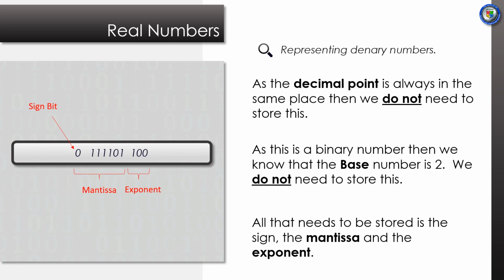Luckily for us, we don't have to carry this process out every time. Usually at higher level, we are given a binary number to work with. Let's move on and look at some basic rules. As the decimal point is always deemed to be in the same place, which is before the most significant bit of the binary number, then we do not need to store this.